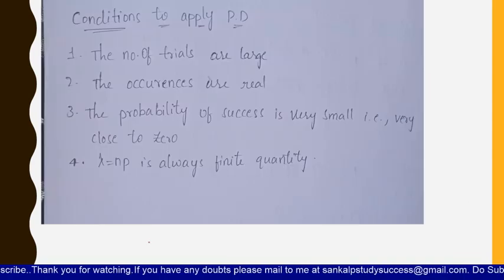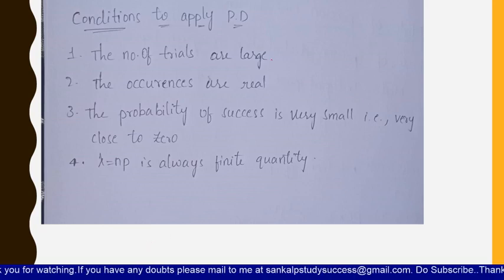Now, what are the conditions to apply the Poisson distribution? There are a few conditions. First, the number of trials is large. In the Poisson distribution, the number of times the experiment is performed will be greater. That means you will have a large number of trials. The second one is that the occurrences are rare. And the third one is that the probability of success is very small, very close to 0.